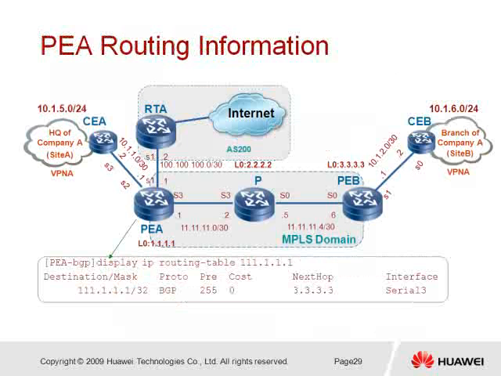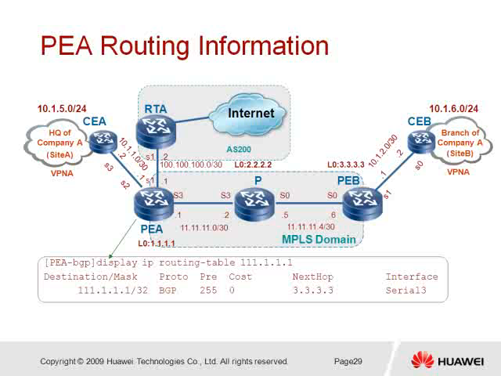On PEA, we can use the command PEA BGP display IP routing table 111.1.1.1 to see that PEA has learned the routing information of the VPN user from PEB through MPI BGP, whose next hop is PEB.